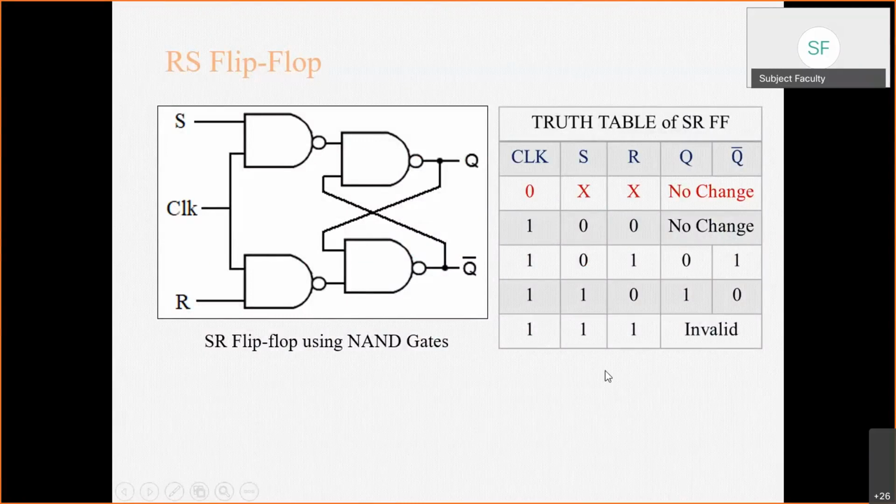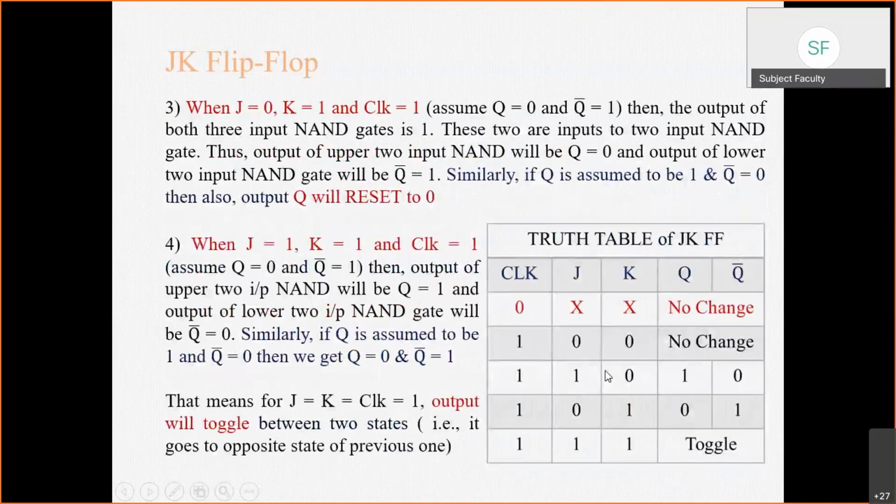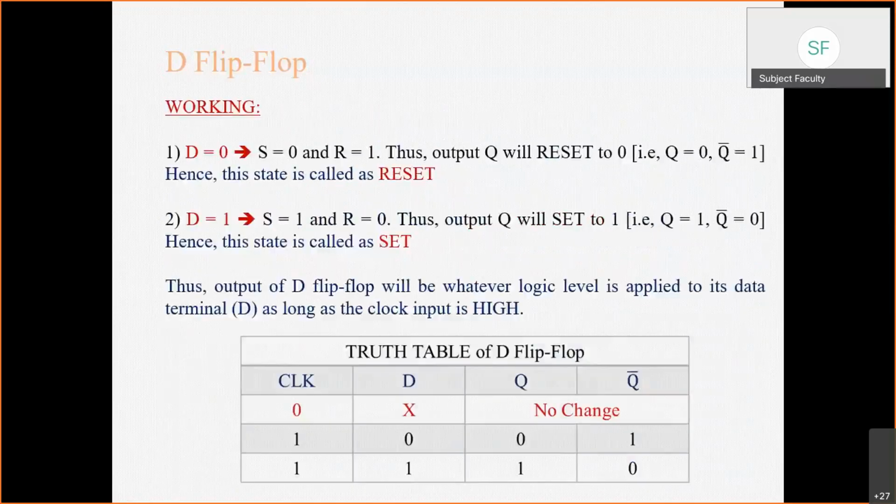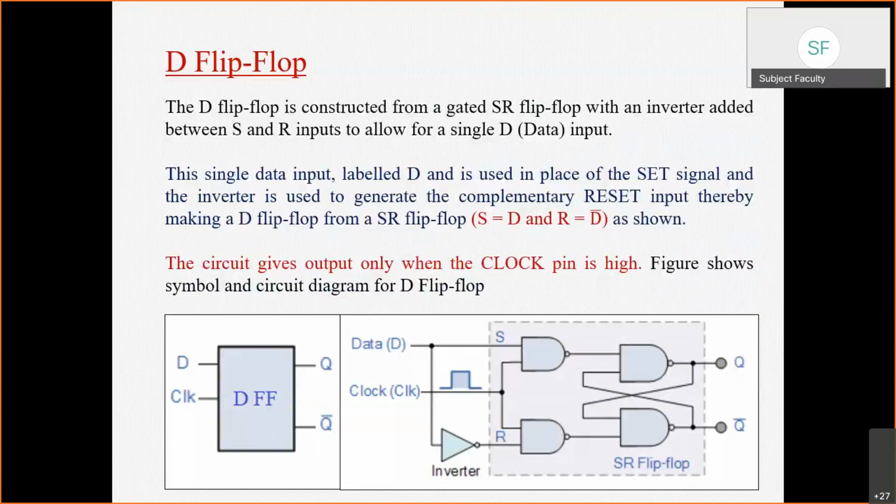Okay. So the D flip-flop is pretty simple because it is somewhat a modification of the SR flip-flop only. What is the modification? We have taken only a single input. Okay, so this single input is connected directly to the set input, and the reset we have taken as the output of this NOT gate.